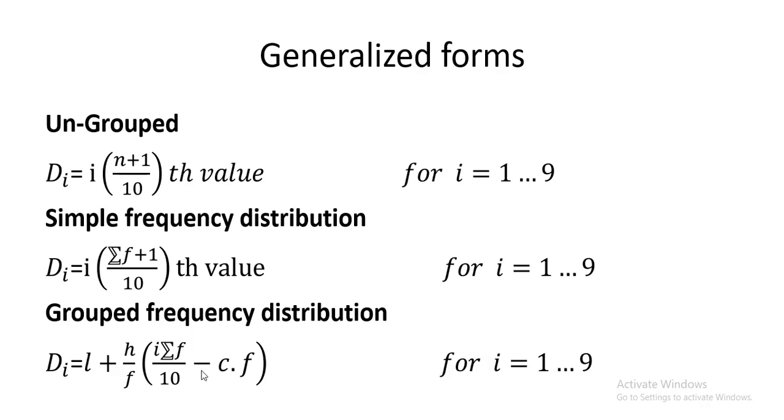Okay, in an earlier video we saw that the second quartile is equal to the median, and here we learned that the fifth decile is always equal to the median value.